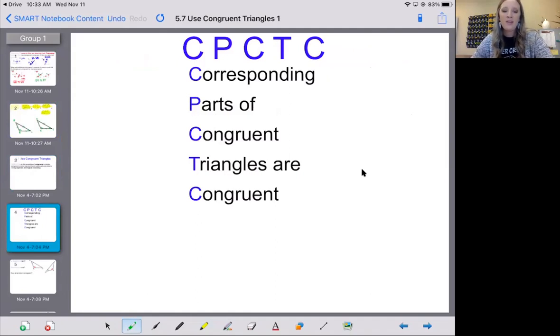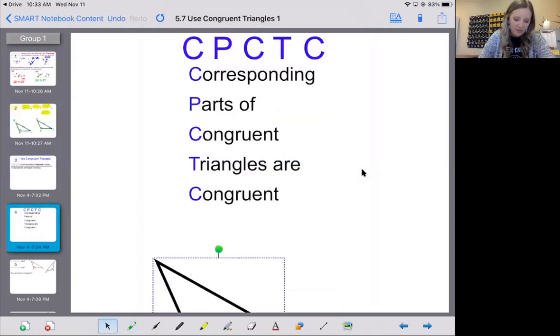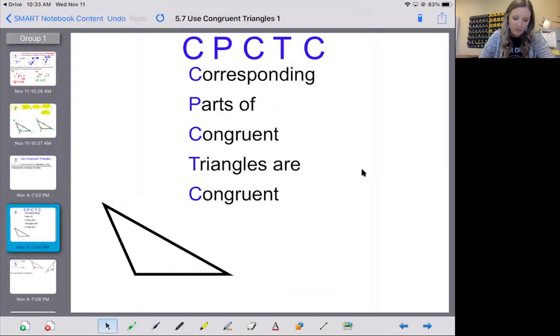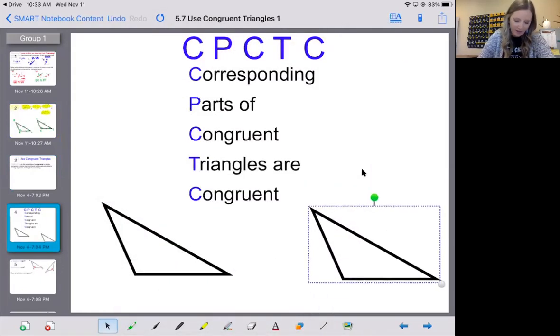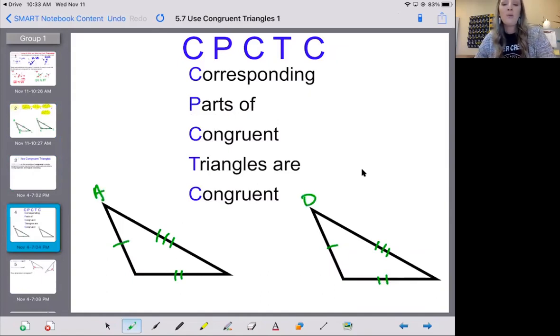So what this means is the parts in one triangle have to kind of correspond or be in the same position as the part in the other triangle. So let's say I was using side, side, side for these 2 triangles, and I wanted to show that maybe angle A is congruent to angle D. Well, I would first have to say the 2 triangles are congruent by side, side, side.